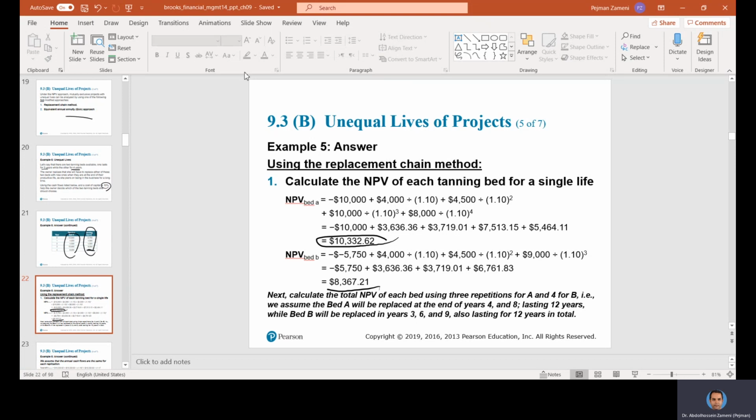See, this project has a life of 4 years and this one has 3 years. We try to find the common denominator, the smallest number that is divisible by both, which is 12. That's why, as you can see, they're choosing number 12. It's the smallest number that can be divided by 4 and 3. This is how this technique works.